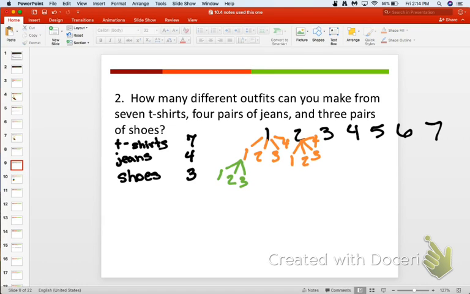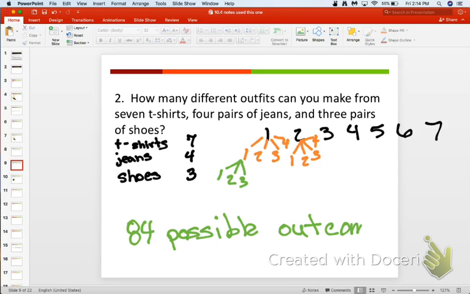By the time we get done, we end up with 84 possible outcomes. I wouldn't want to write out 84 possible outcomes, would you? That's why the fundamental counting principle is so important to us in math, because it makes it so much easier. But remember, when we're doing it like this, these are all independent events.